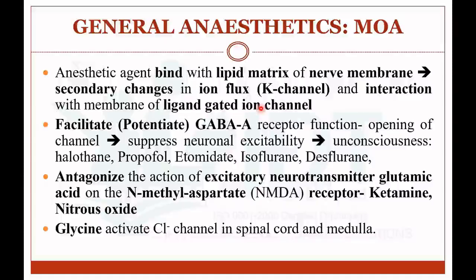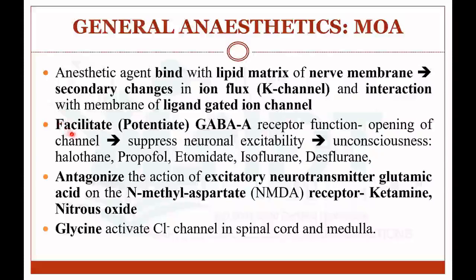Every neurotransmission takes place by a process of depolarization and hyperpolarization, which is part of neuronal transmission. So by blocking these ion channels, it will block this depolarization and hyperpolarization cycle, and thereby it will inhibit neurotransmission.